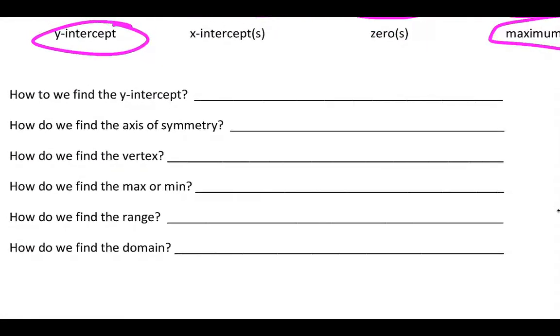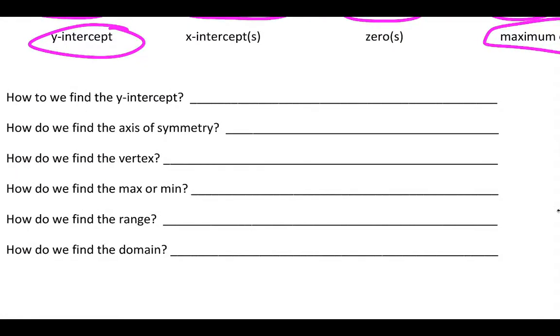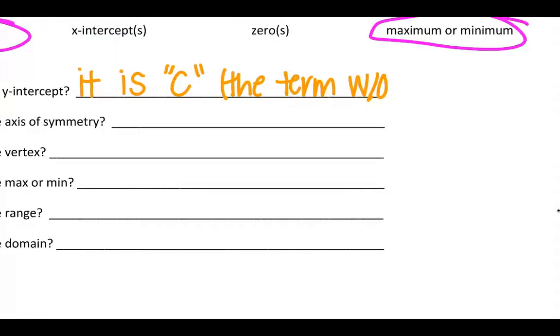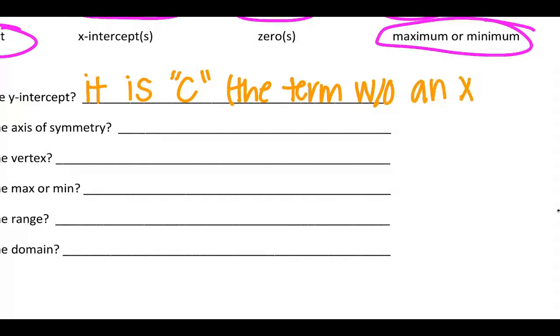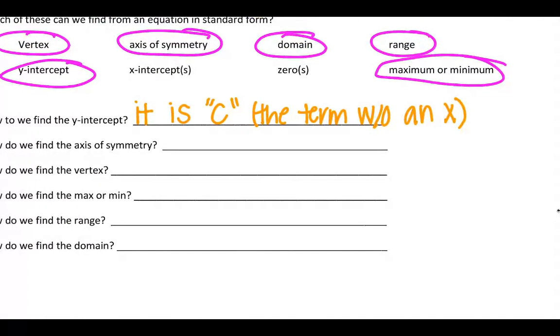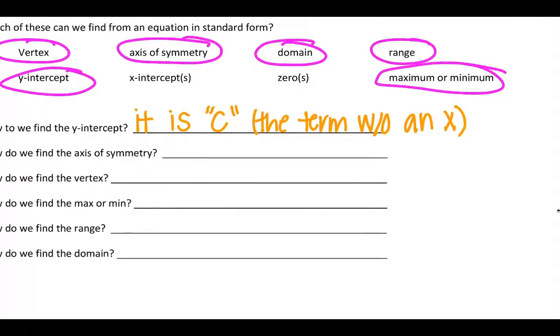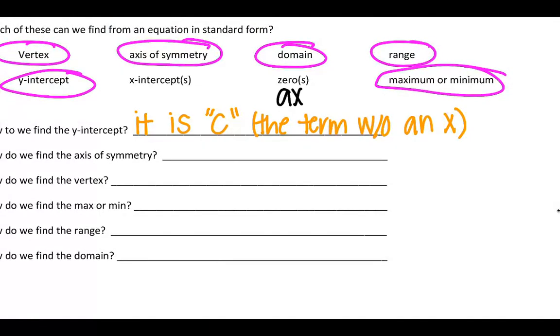So how do we find the y-intercept? So again, that's where it crosses the y-axis. This is going to be your c term. So in that standard form, and again, that's the term without an x. So if you have standard form like we did above, ax squared plus bx plus c, we're talking about this c term.